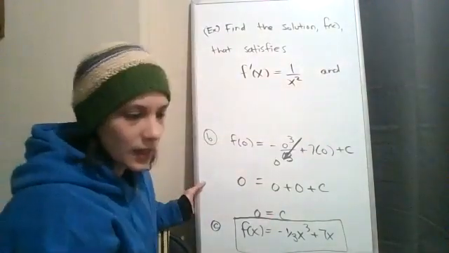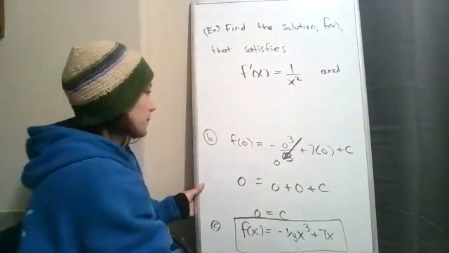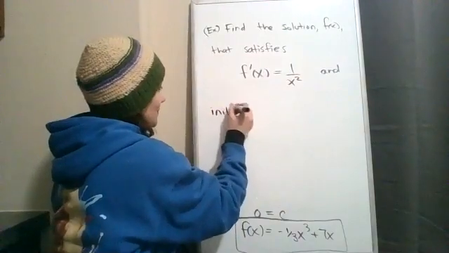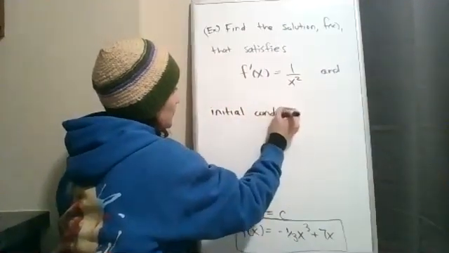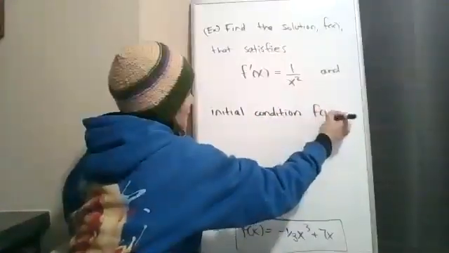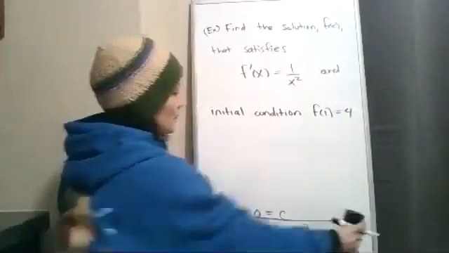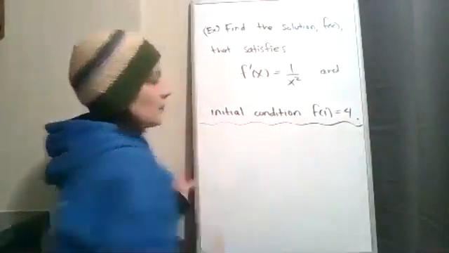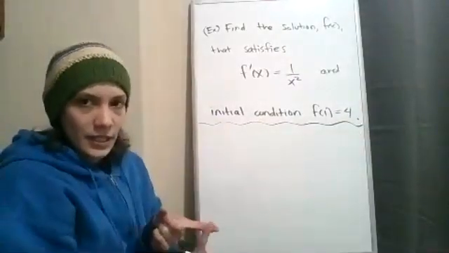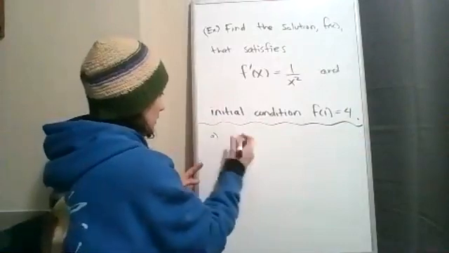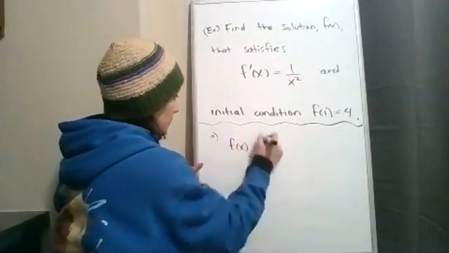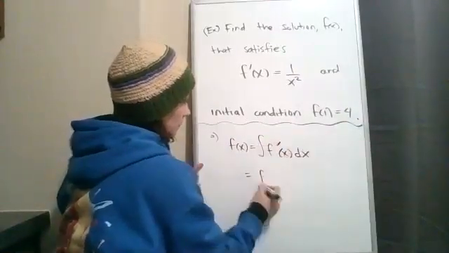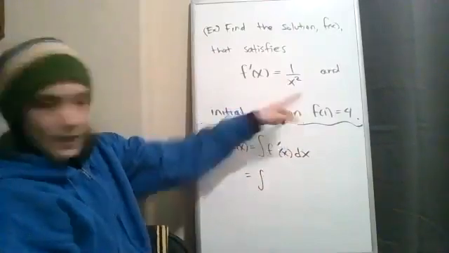Initial condition, f of 1 equals 4. Okay, so first, integrate the DE. Okay, here's 1 over x squared dx.